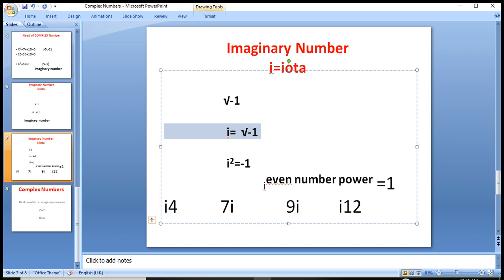It also tells us if i has an even power, then it is equal to minus 1.